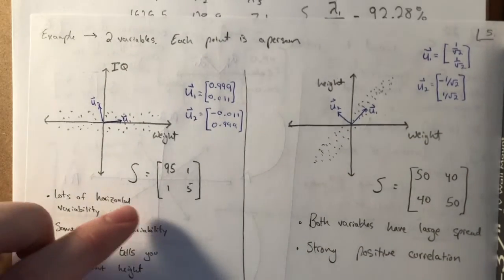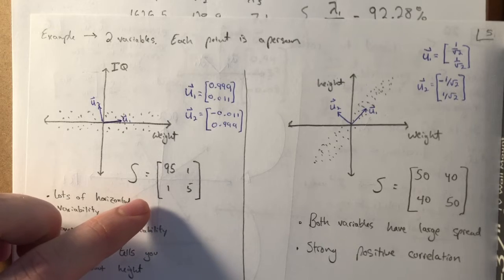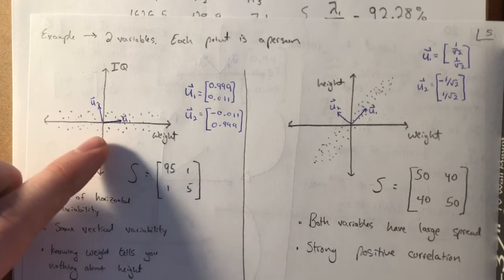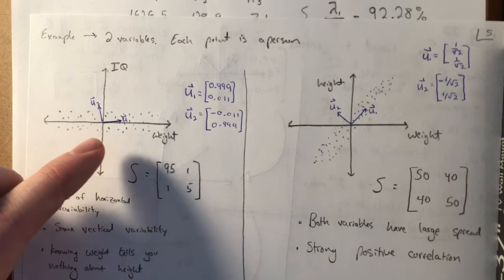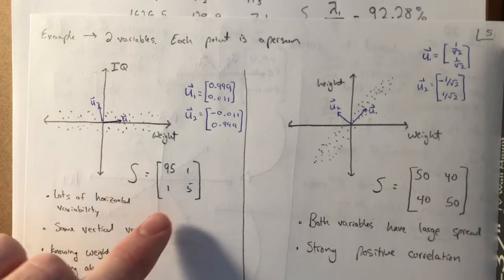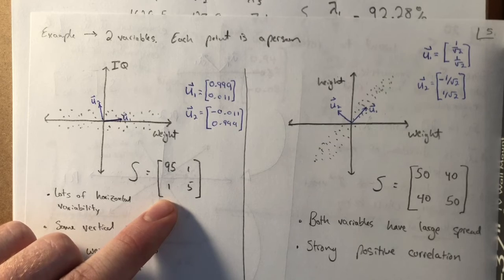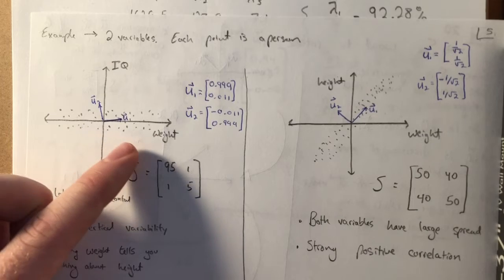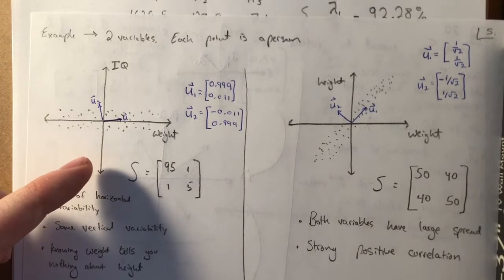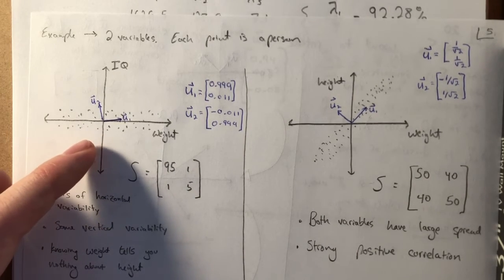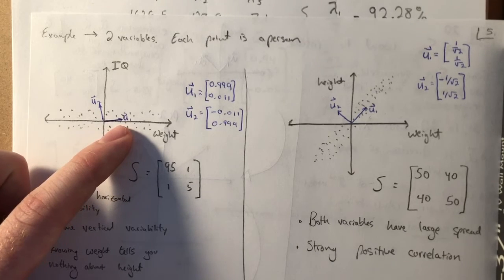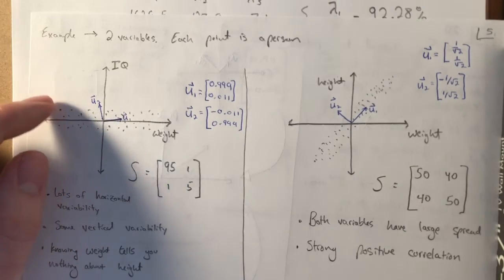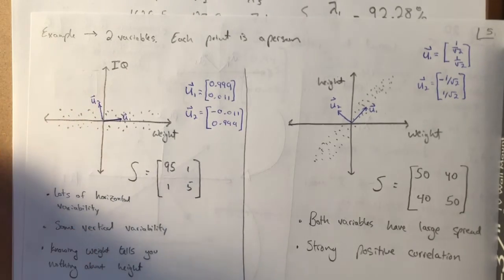So the eigenvectors of this covariance matrix will tell you the direction in which the variability is highest. So let's see here, the first eigenvector with the greatest eigenvalue is in the direction of the weight axis. The second eigenvector is going to be the vector orthogonal to the first that has the most variability also. So here with 2 dimensions, it's the only one left, which happens to be in the IQ direction.